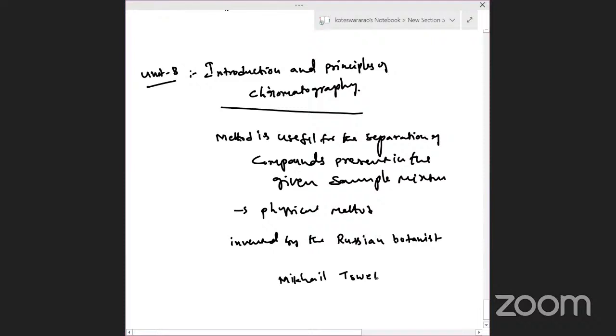The T is silent. In 1906, he used this technique to separate pigments like chlorophyll and xanthophylls present in green plant materials. The solutions of these compounds were passed through a glass column packed with finely divided calcium carbonate powder. The separated species appeared as color bands.